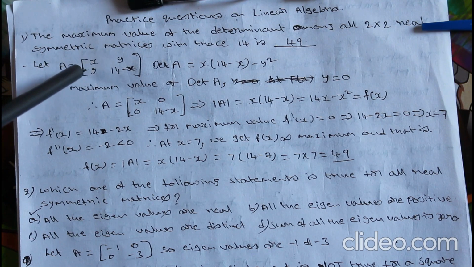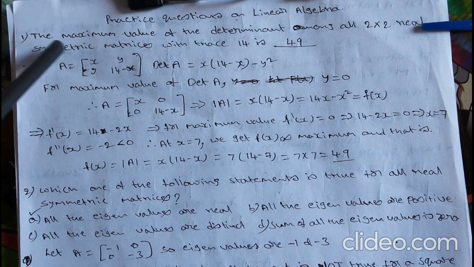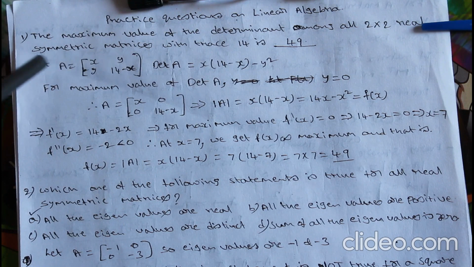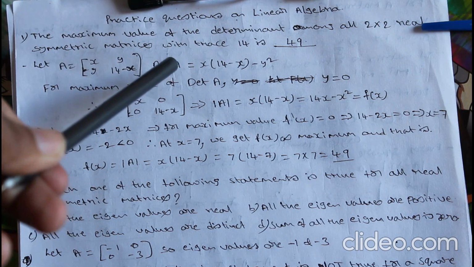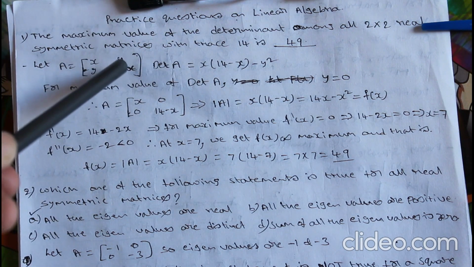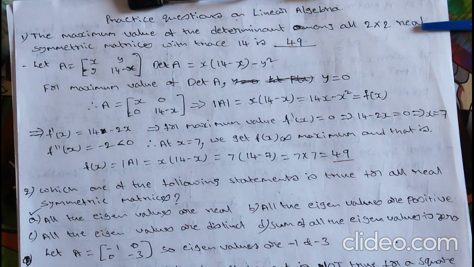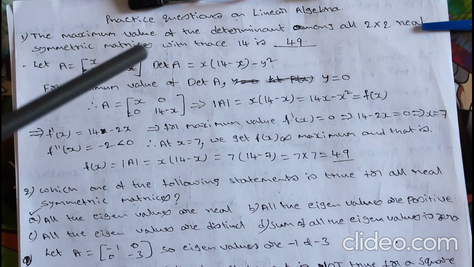That means these two elements must be the same, so take these two elements as y, y. Now the maximum value of the determinant is asked. The determinant of A is equal to x into 14 minus x minus y square. Now it is asked to find the maximum value of the determinant.